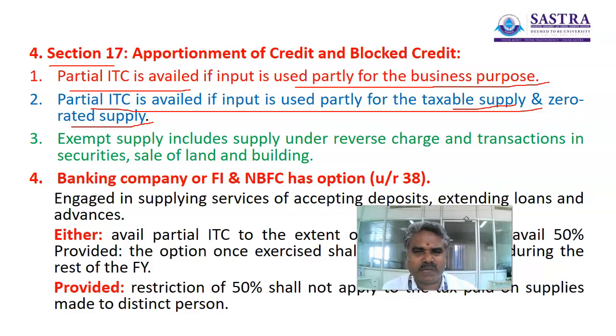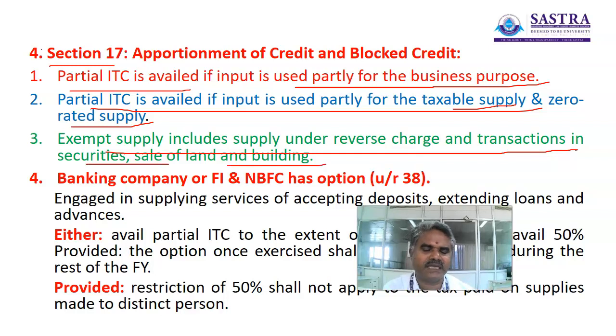Exempt supply includes supply under reverse charge, transactions in securities and sale of building. But exempt supply, no problem at all. Exempt supply means you are not paying any tax, so no ITC for exempted.